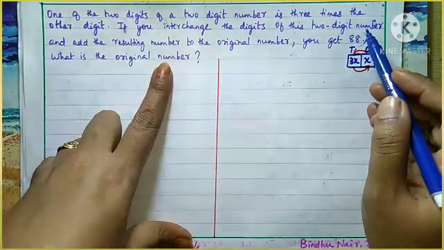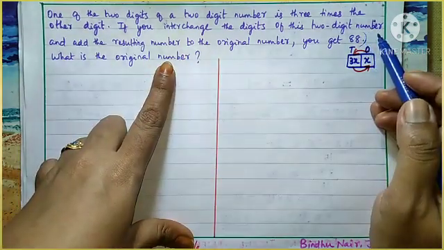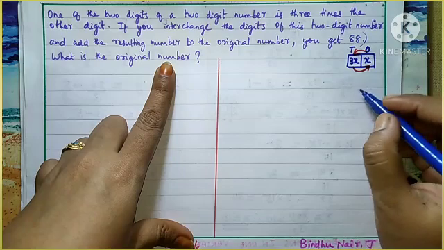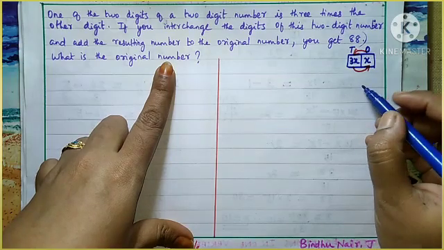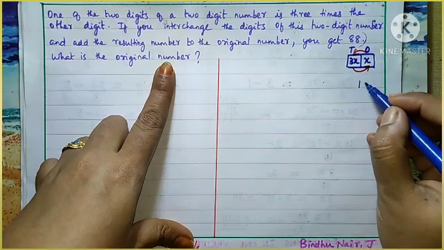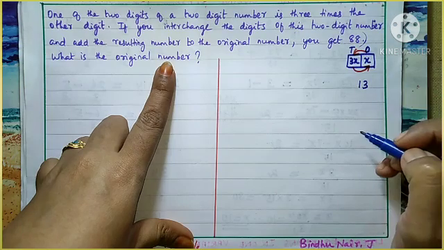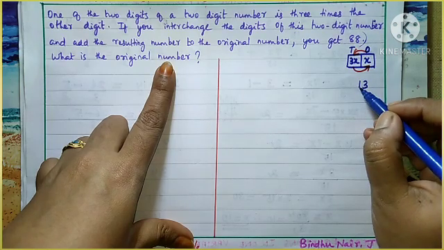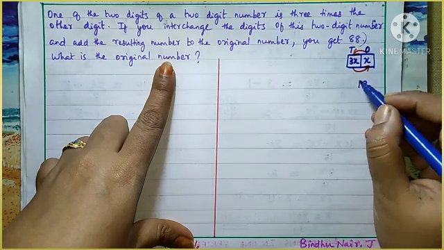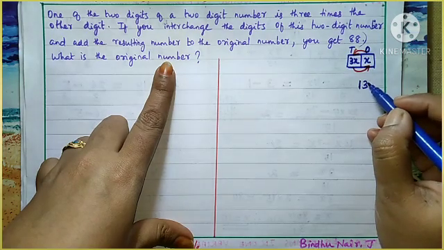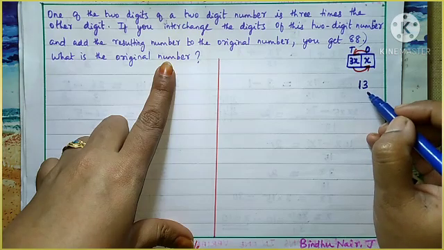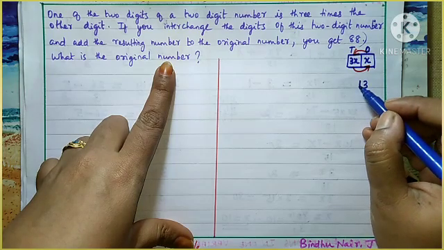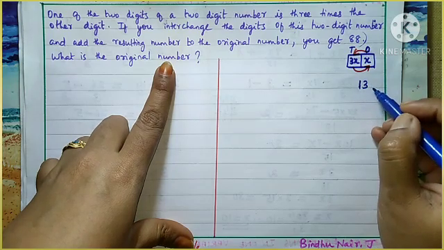Okay, what is the original number? Just let me tell you one example. I am taking a 2-digit number, 13. So 3 is in the ones place, 1 is in the tens place. When I interchange these digits, what happens? 3 will come to 1's place and 1 will come to 3's place.